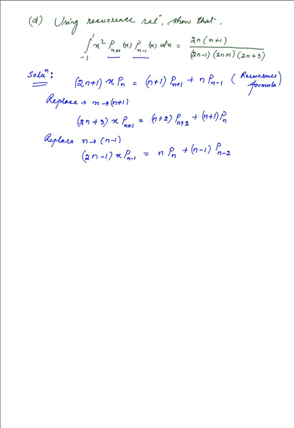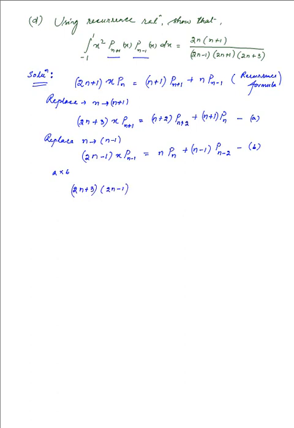Now let's take this equation as a, and this equation as b. We are multiplying a with b now. If we multiply a with b, on the left hand side we are left with 2n plus 3 multiplied to 2n minus 1.